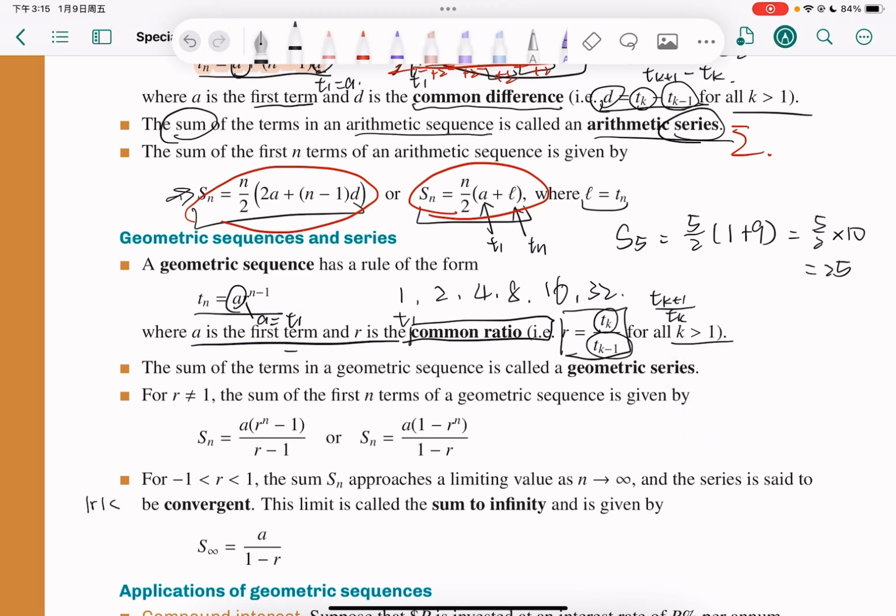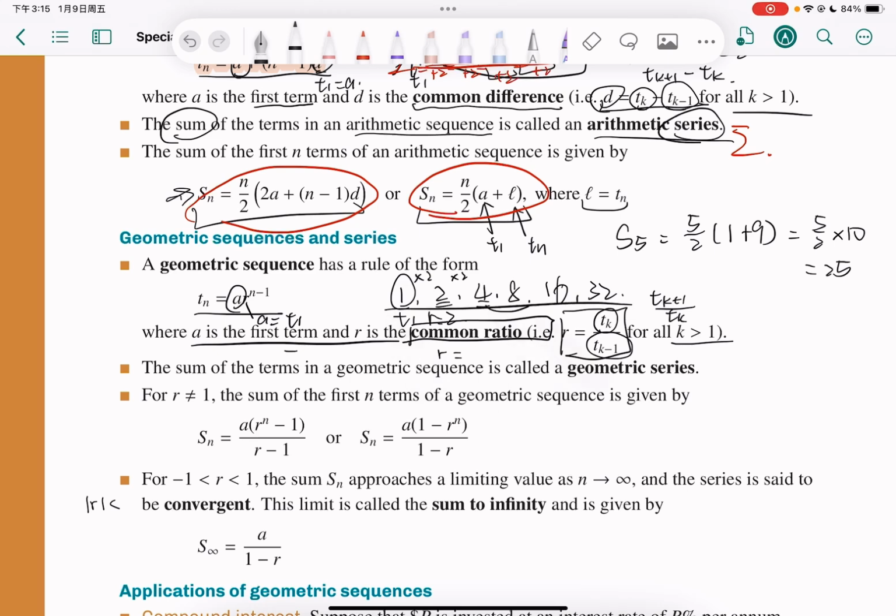For example, if we have A equal to 1, so T1 is 1, and R equal to, let's say, 2, we multiply by 2 every time to get the next term. So how do we find the common ratio for this geometric sequence?